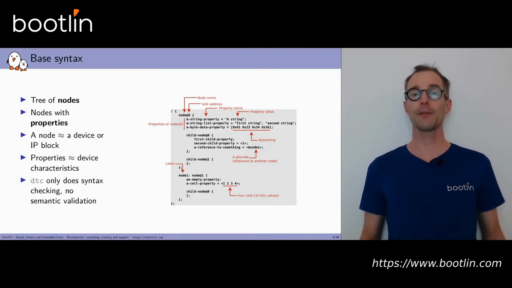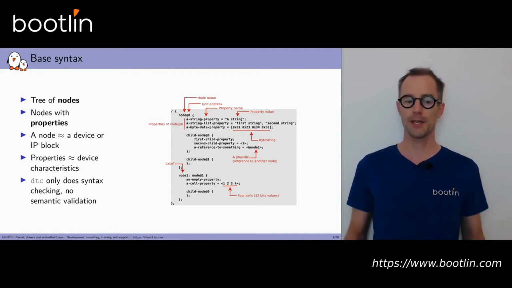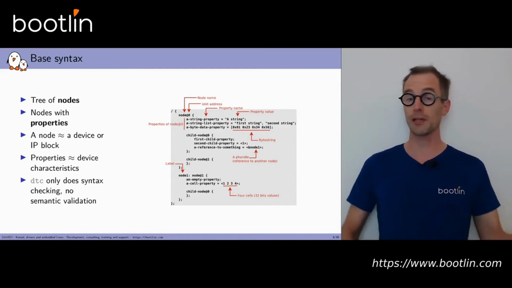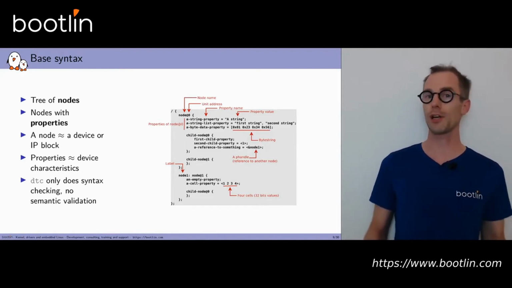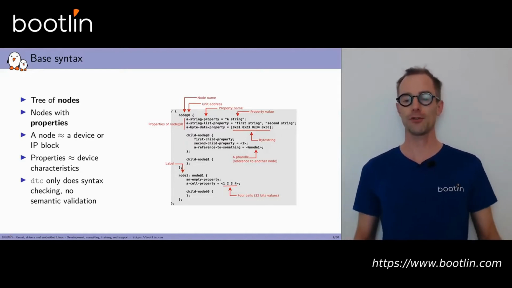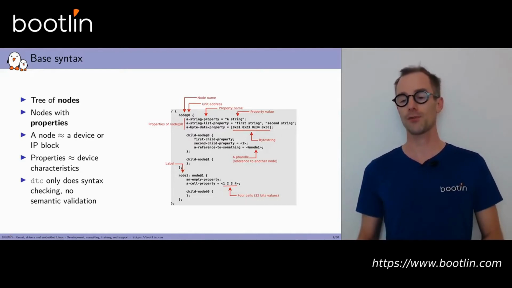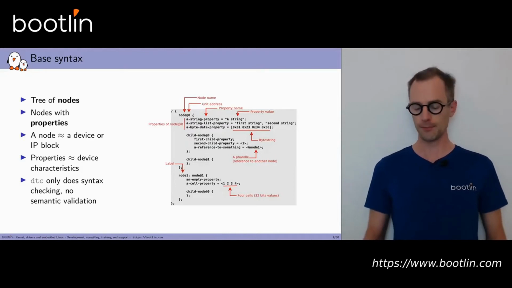It should be kept in mind that the device tree compiler, dtc, only does syntax checking, but no semantic validation. So dtc allows you to write completely arbitrary properties with completely arbitrary values. It only matters that the device tree is syntactically correct.